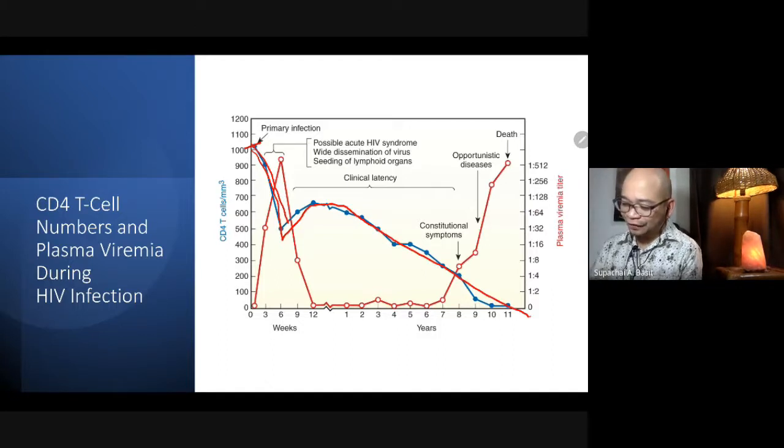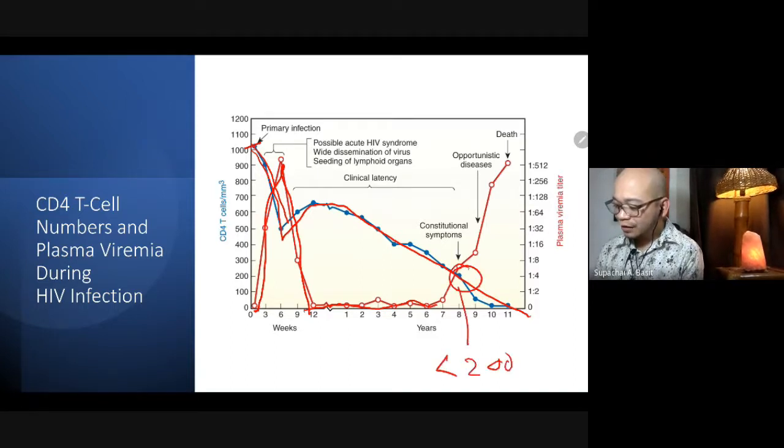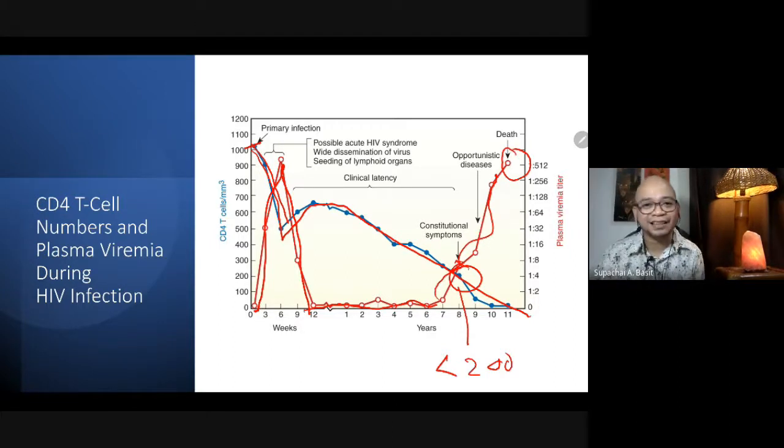The viremia level is very high at first, but it will significantly drop during clinical latency, and eventually when the CD4 level is now less than 200, the viral RNA will now increase. And eventually, after 10 years without therapy, this could lead to the death of the patient.